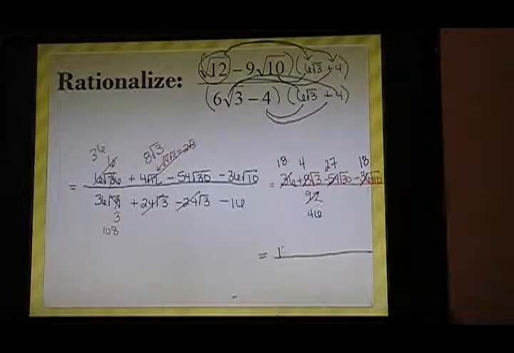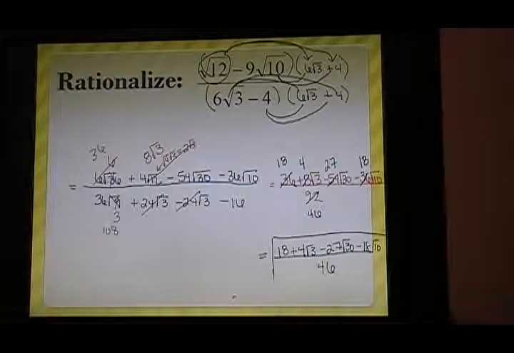So we have 18 plus 4 root 3 minus 27 root 30 minus 18 root 10 all over 46. So this meets all 3 conditions. All the roots are simplified, the fraction itself is simplified, and no roots in the bottom. So that's when I know I can stop.